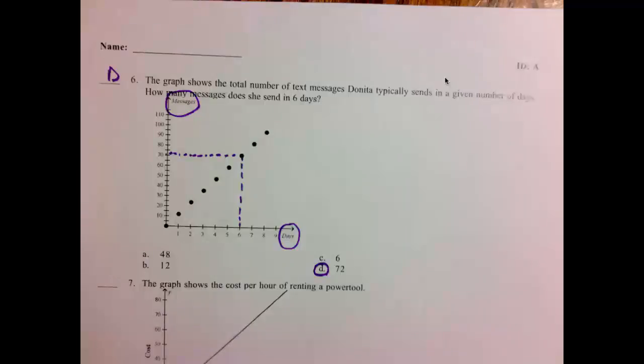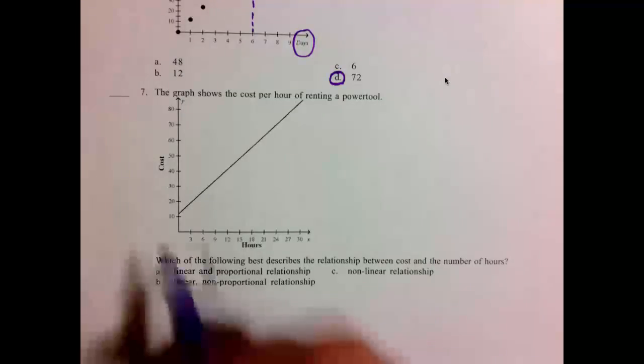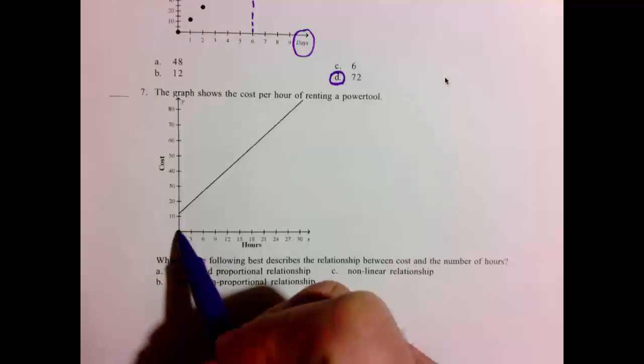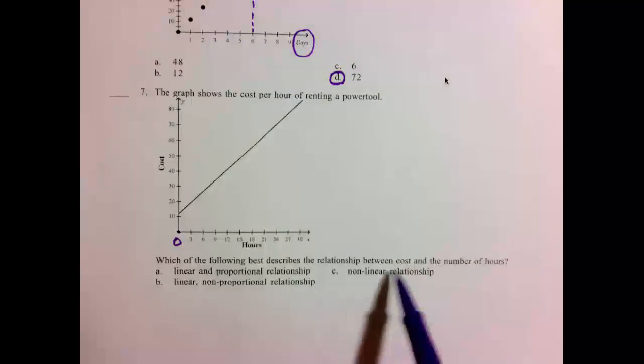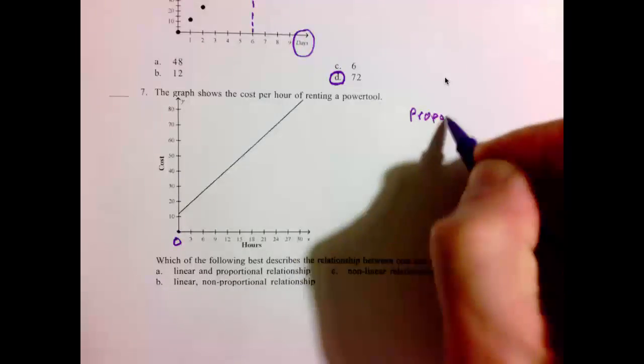Alright, number 7. The graph shows the cost per hours of renting a power tool. Okay, so 3, 6, 9, this here would be 0. Which describes the relationship between cost and the number of hours? Well, proportional, you may remember, had 2 characteristics.